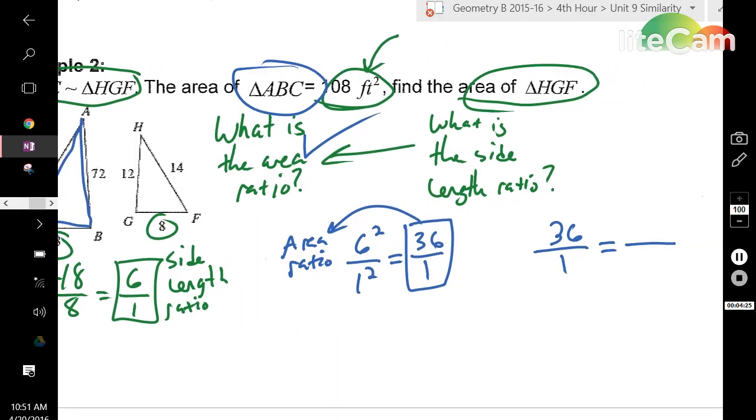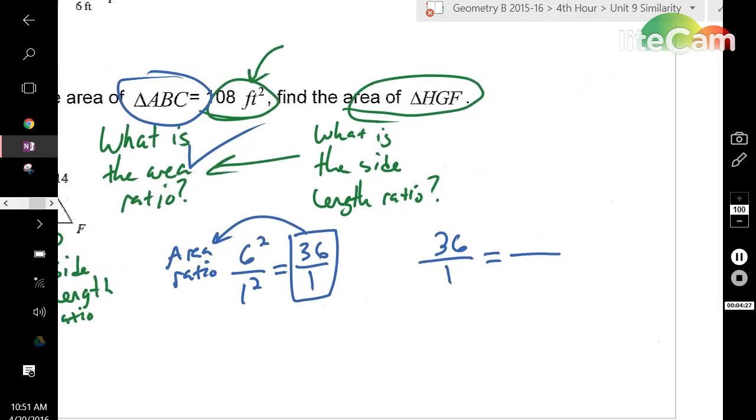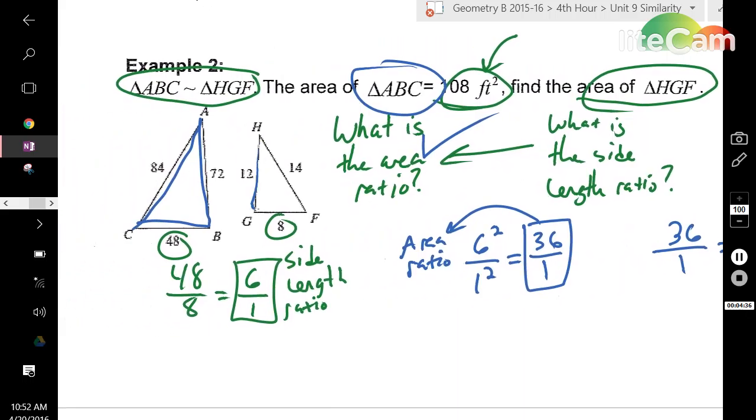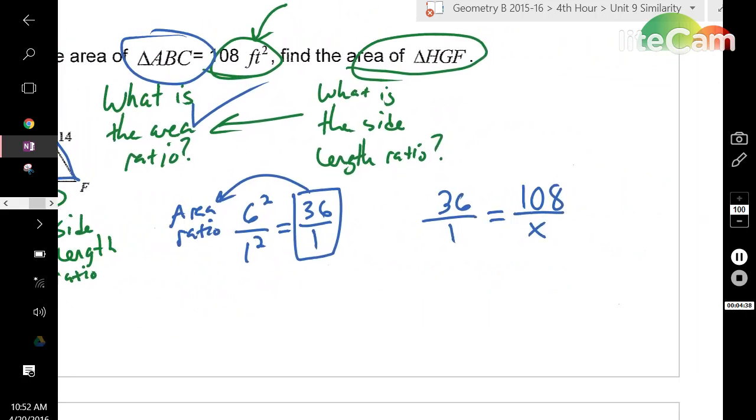Therefore, it is the larger area. Therefore, it goes with the larger number 36. HGF is the smaller triangle. Therefore, it goes with the smaller number because it is the smaller area. So if you do this correctly, you should expect to get an area less than 108 square feet.